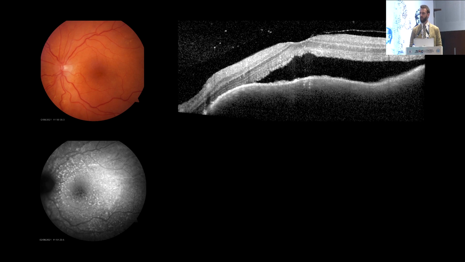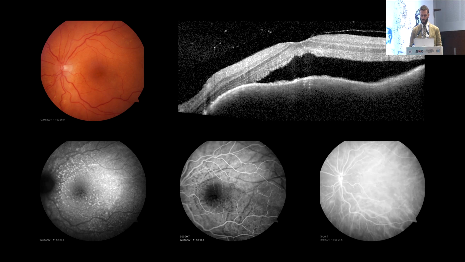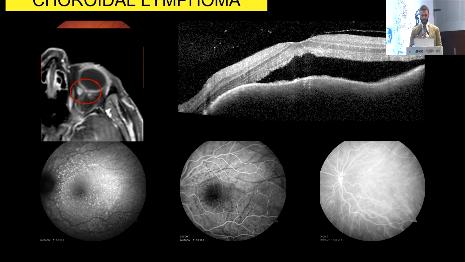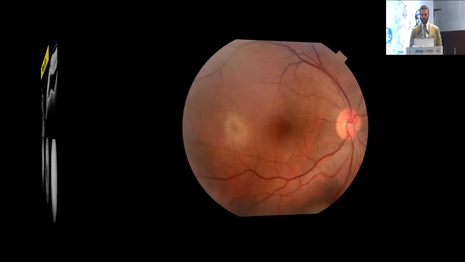In FAF, you have, this is not the correct term, kind of a leopard spot pattern of hyperfluorescence, and this is reflected also in early FA, and in late FA there's diffuse staining. And if you look here on your MRI, you got a beautiful mass, and this is a case of choroidal lymphoma. One more.